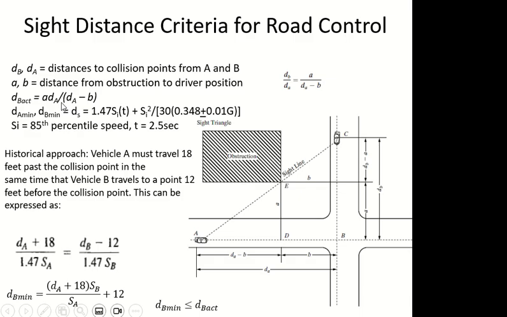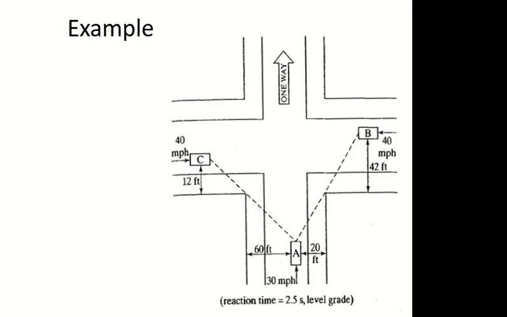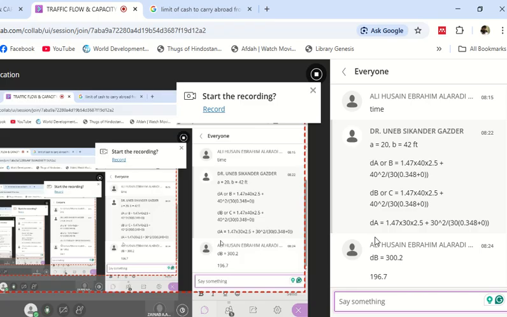Now A is the distance to the roadside obstruction for this vehicle, for the main road vehicle, and B is from the other one. So A is this one now for me, and B is this one. So 42 and this one. I'm changing the parameter according to what I have.